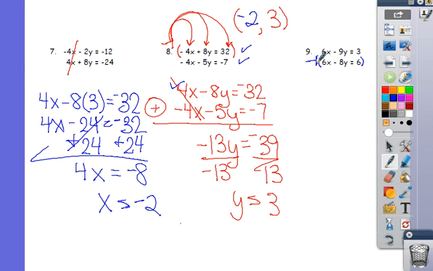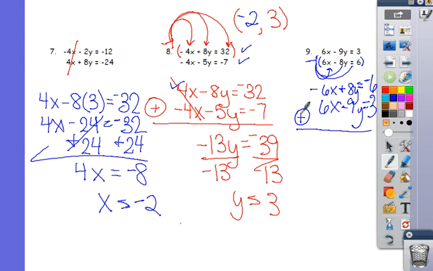It doesn't matter. So that would be -6x positive 8y -6, right? Copy down the other one. Don't get them mixed up. The 6x minus 9y equals 3.